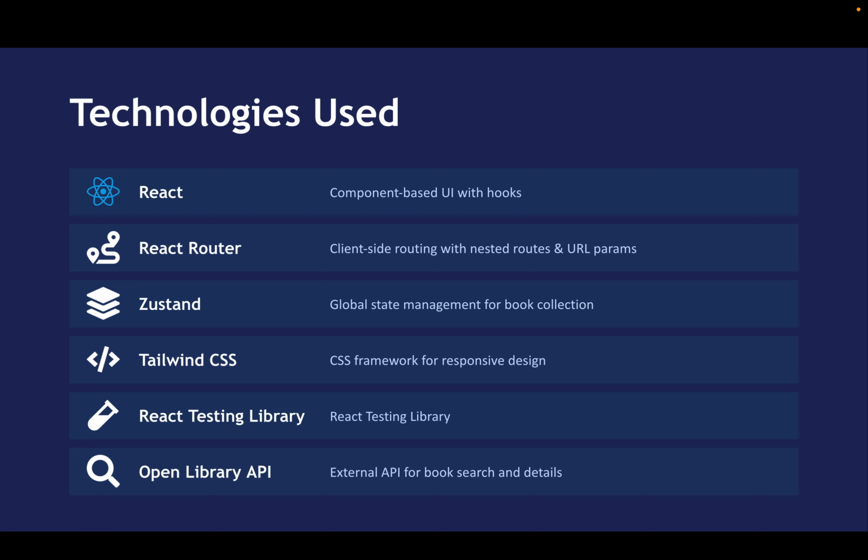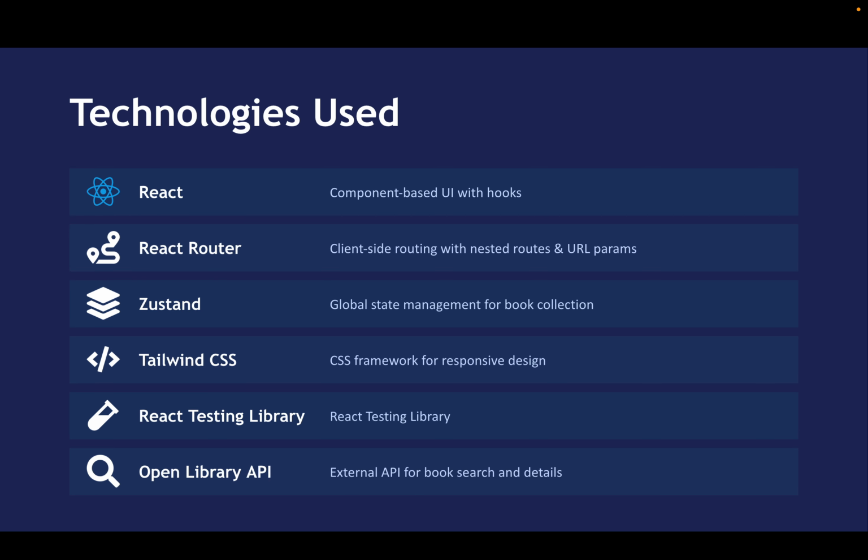This is some of the technologies we use. I use React as the front end framework to build components for different parts of the UI. I also use React Router to implement client side routing, with nested routes along with URL parameters for specific books. For global state management, I use Zustand for the book collection to manage state across components.